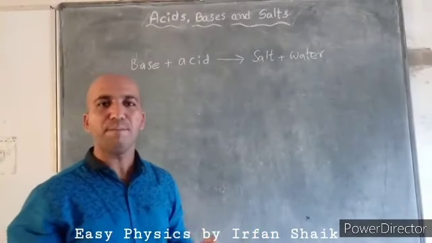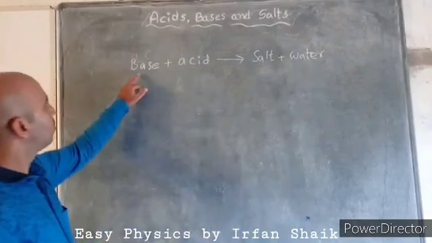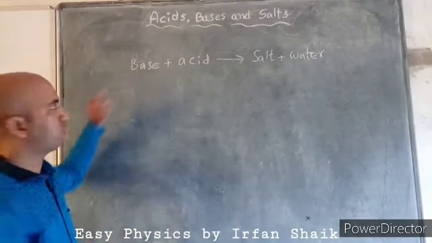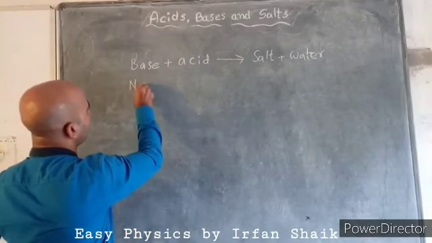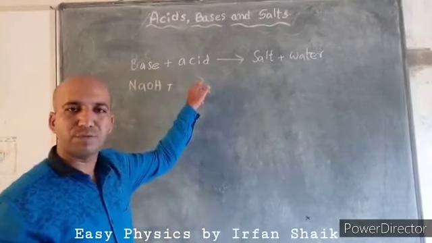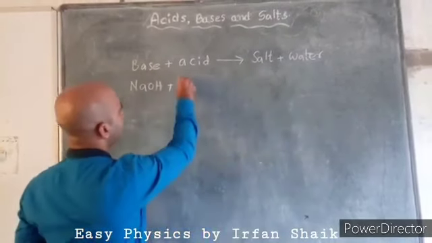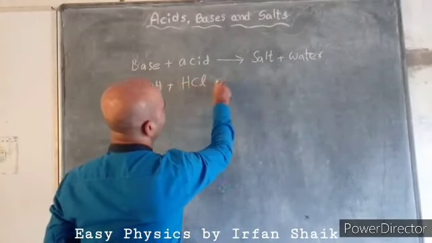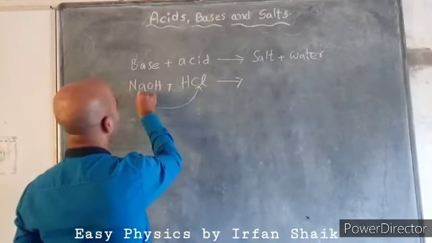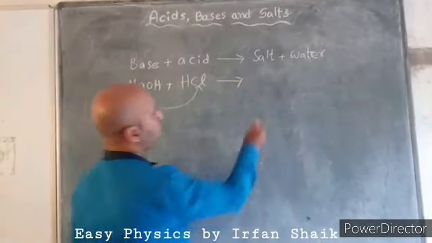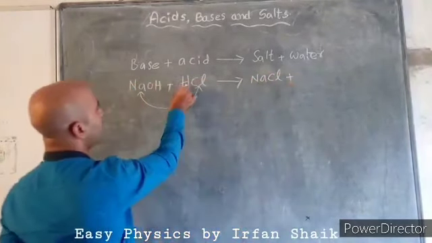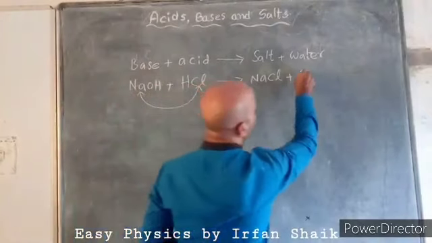Now let us take an example equation for this. For a base, we take sodium hydroxide, and instead of acid, we take hydrochloric acid. This gives rise to sodium chloride plus H2O, water.